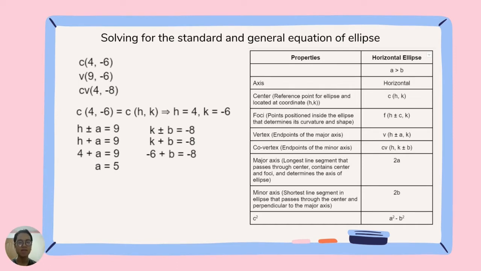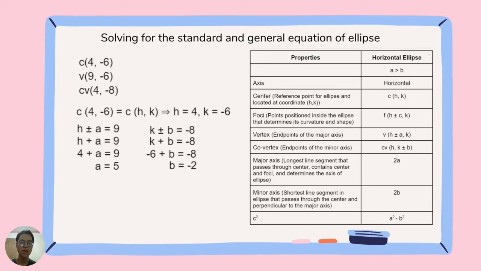Since we already have the value of k, which is negative 6, we are going to substitute it. So it would be negative 6 plus b equals negative 8. Solving for b, we have b equals negative 2, because we moved the negative 6 from the left-hand side to the right-hand side, which made it positive 6.